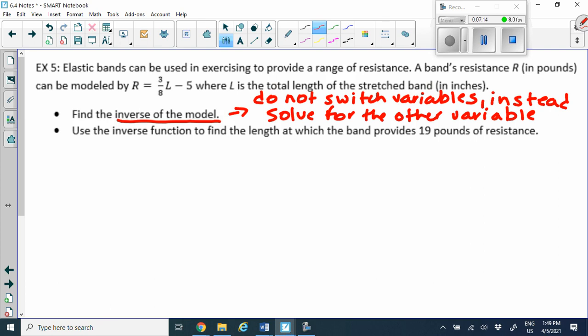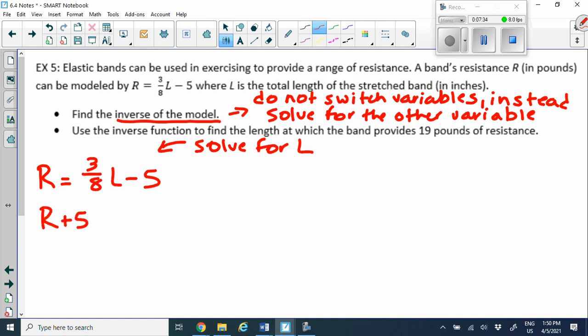So in this case, for our model, we have R equals 3/8 L minus 5. So what we're going to do here is actually solve for L. Okay, to do that, the first thing is I'm going to add 5 to both sides. Now to get rid of this 3/8, I need to multiply both sides by the opposite.